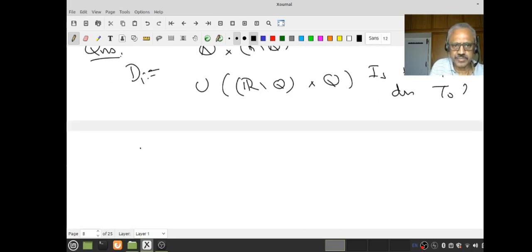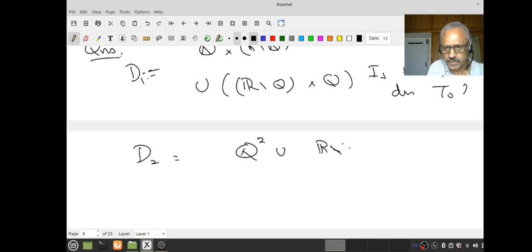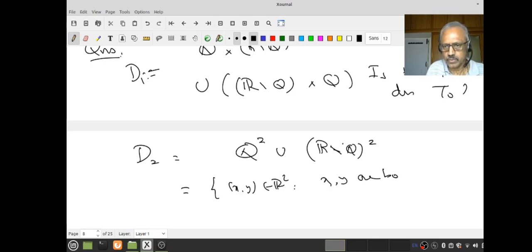I can also think of something else: Q squared union (R minus Q) squared. You understand what this means? That means it is the set of all points (x, y) in R2 so that x and y are both rational or x and y are both irrational.